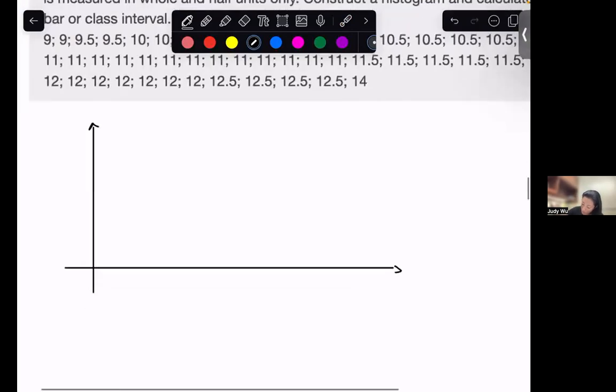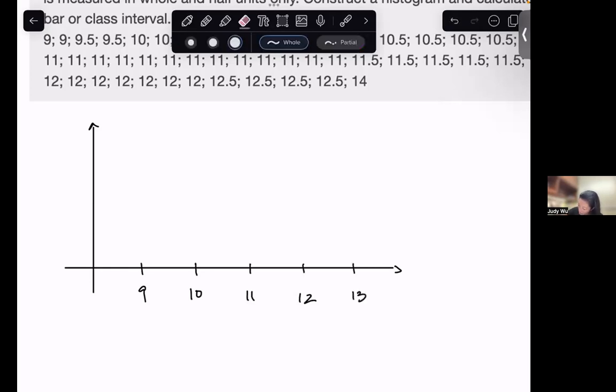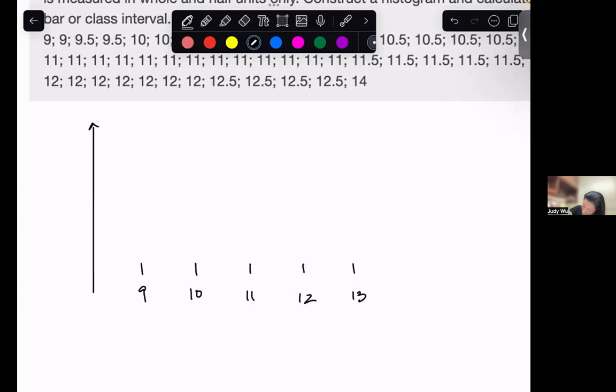So I'm just going to go ahead and group them by 9 to 10. So we'll have 9, 10, 11, 12, 13. Got to make this a little bit longer.